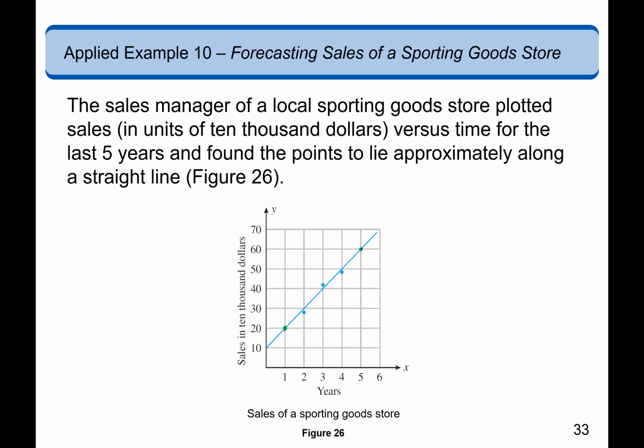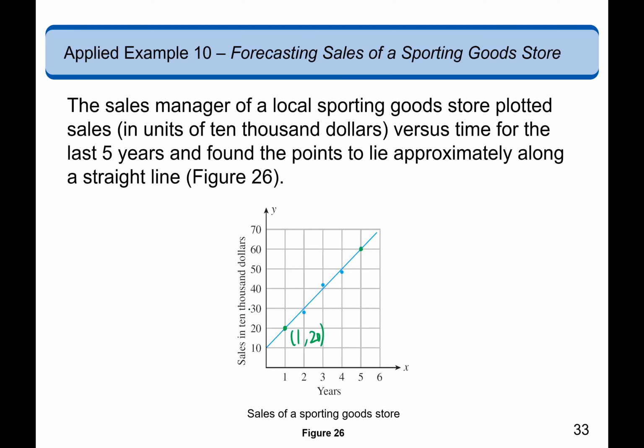Now if you look at the last point on the very top, this one is also on the line. So it's probably a good idea to use the first point right here and the last point on the top. The first point's coordinate should be (1, 20).